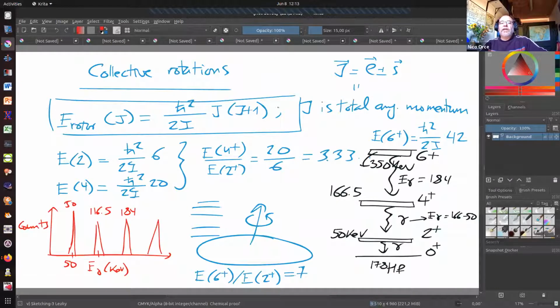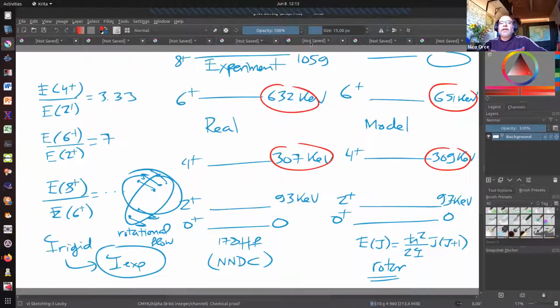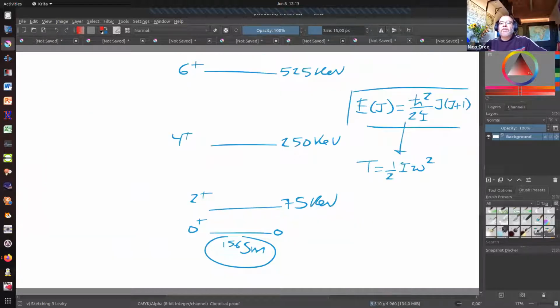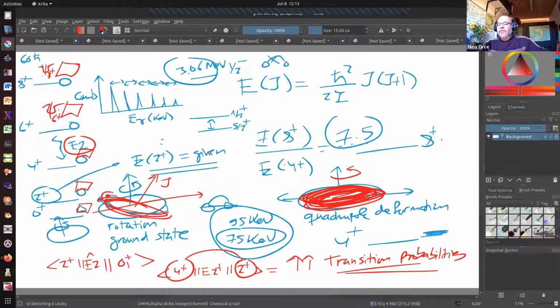We calculated for the 2, for the 4, for the 6, and we see that there's a nice agreement between rotors and these nuclei, which are very well deformed. Even better agreement in samarium 156, where the energy is lower. So the rotational degree of freedom is enhanced. You can rotate better because we have a larger, more deformed nucleus, right?